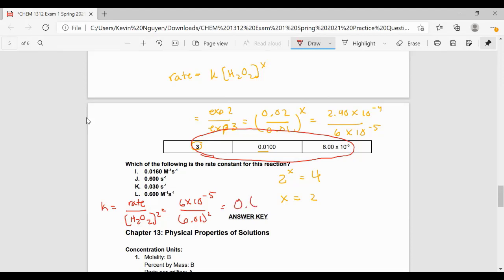You should get 0.6. And what is the units? It's a second order, remember? So it should be M to the negative 1 times s to the negative 1.